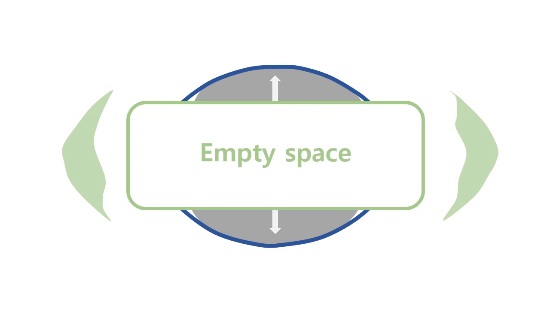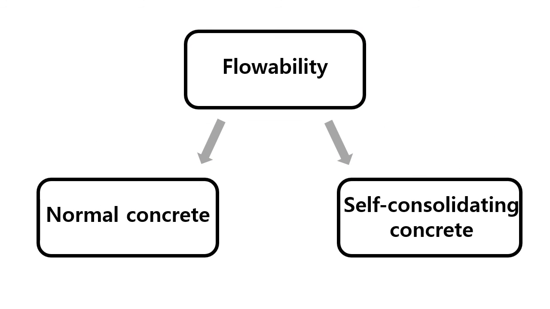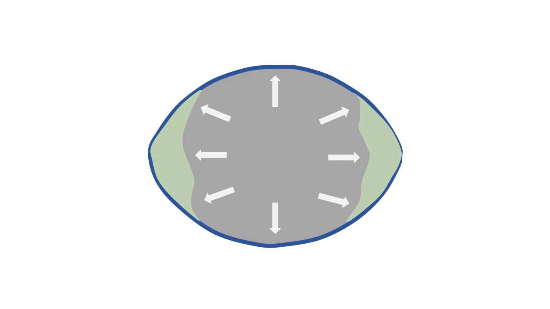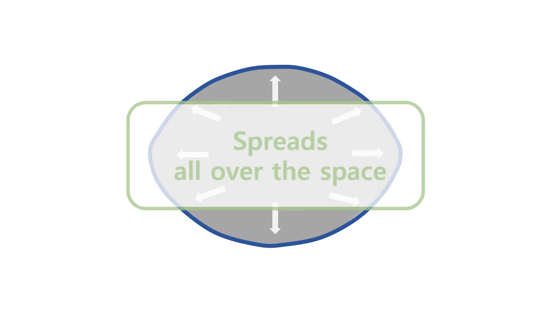So, the edge of the shape still remains an empty space. However, self-consolidating concrete has different properties. In this case, concrete could fill all over the space, even that which was empty before.